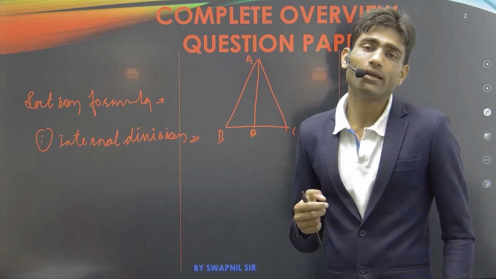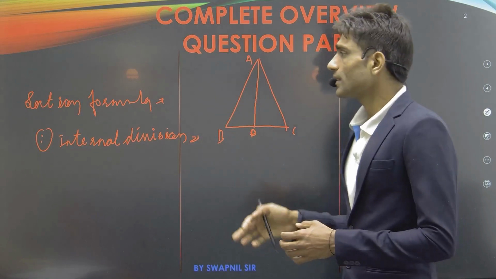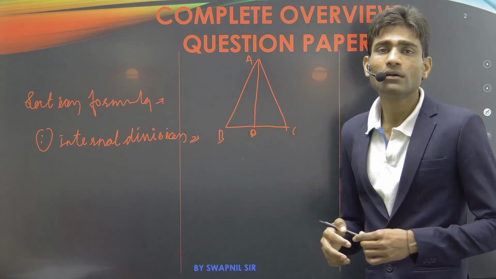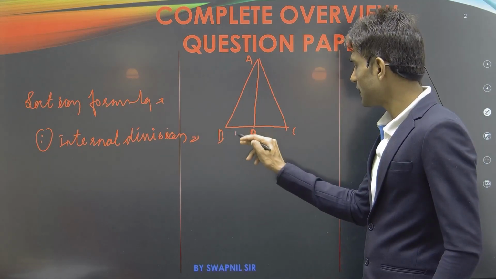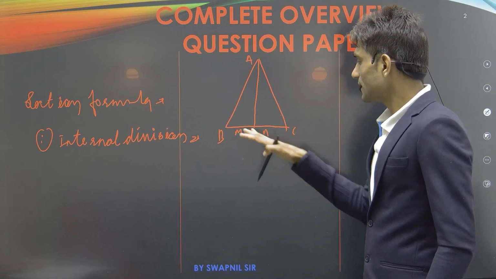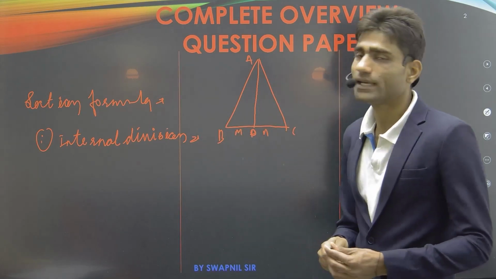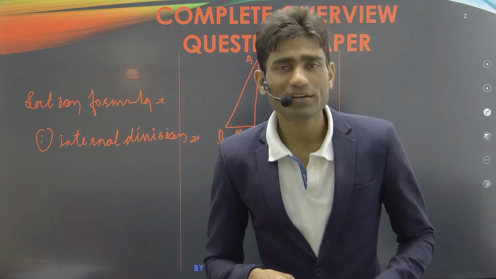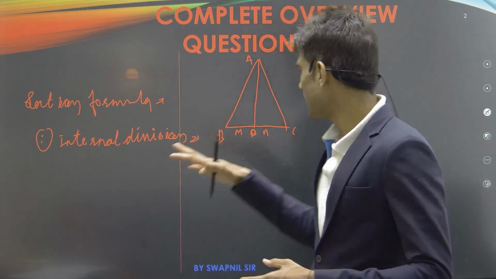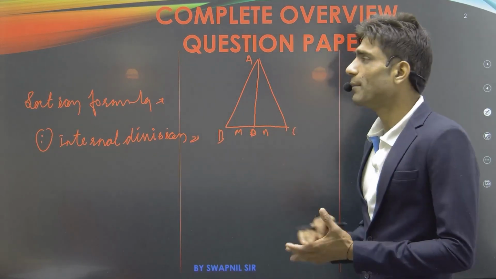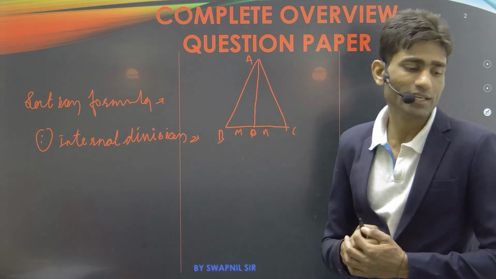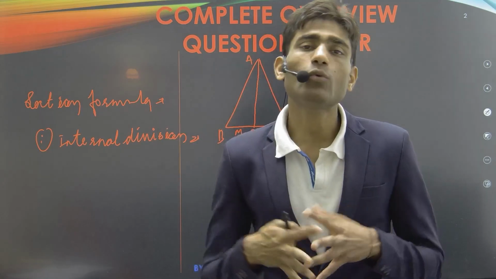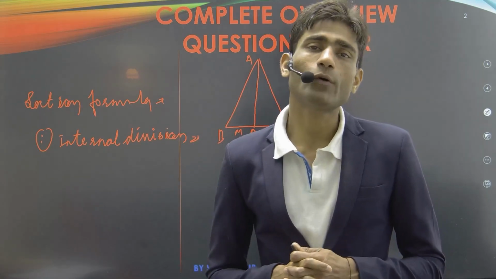If it divides internally, it has a ratio of division, so I consider that ratio as m is to n. That means line segment BC is divided by point D in the ratio m is to n. Whenever we have such a condition, we apply the section formula for internal division.